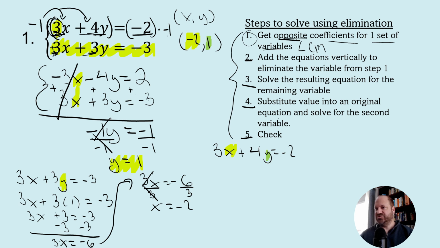So let's do that substitution. 3 times -2 plus 4 times 1 equals -2, and I get -6 plus 4 equals -2, and I get -2 equals -2. So our solution checks in the top equation. In our bottom equation, let's see if I can squeeze this in here.